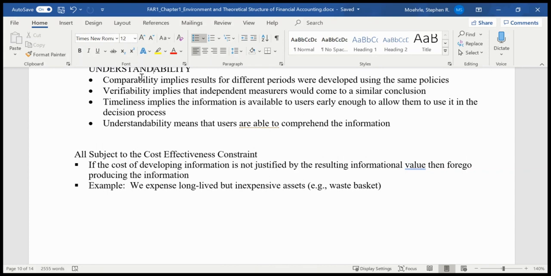No, that's not worth it. The difference is not going to be big enough in the financial statements if we capitalize the wastebasket as an asset, and then depreciate it over years versus just expensing that inexpensive asset this year. I hope that makes sense. Make sure you let me know if it does, if you need more examples or better examples, different examples.